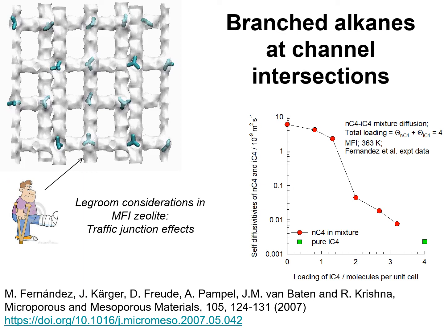Due to legroom considerations, branched alkanes such as isobutane, 2-methylpentane, 2,2-dimethylbutane prefer to locate at the channel intersections. Let's have a look at the animation.